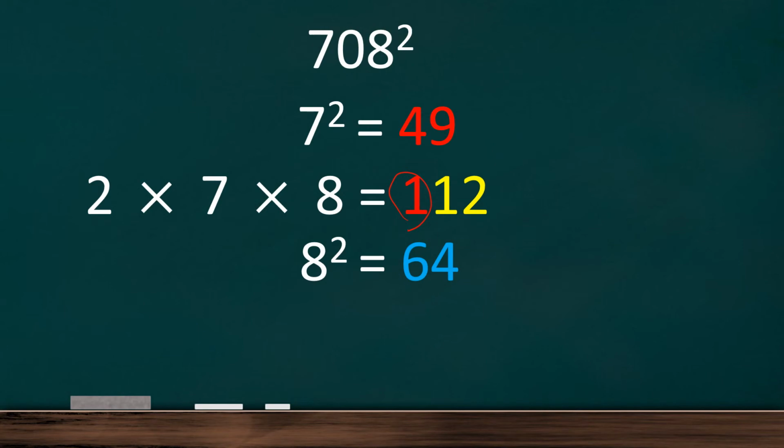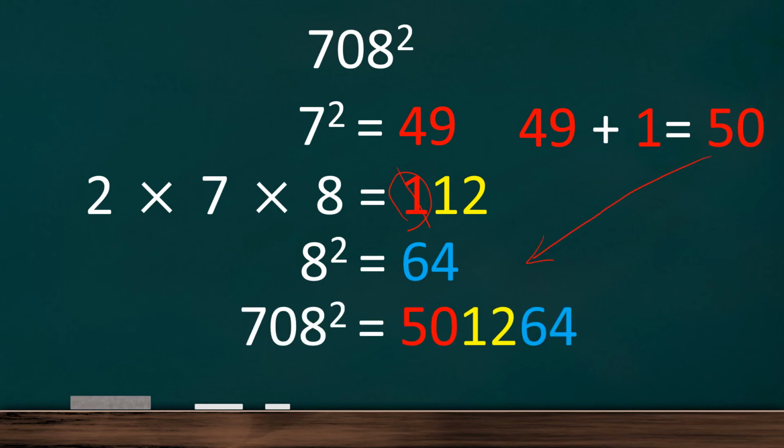So what do you do in this situation? Well, it's pretty simple. You just add the hundreds digit of 112 to 49. That equals 50. And then the middle 2 digits become 12. So we can go further and say 708 squared is equal to 501,264.